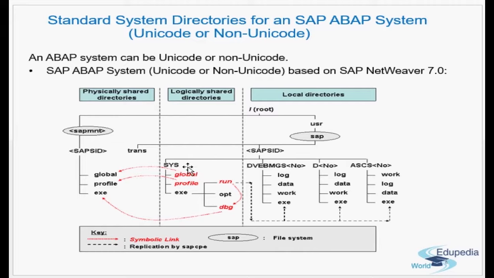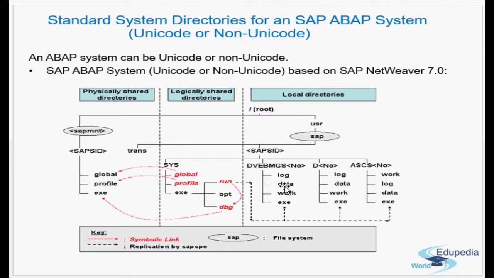The red arrows denote the symbolic links. This also has global, profile, exe, and here exe has run, opt and dbg. These three are again attached through a symbolic link to the physically shared directory, and the local directories are the ones we have for each of the instances, one directory each.